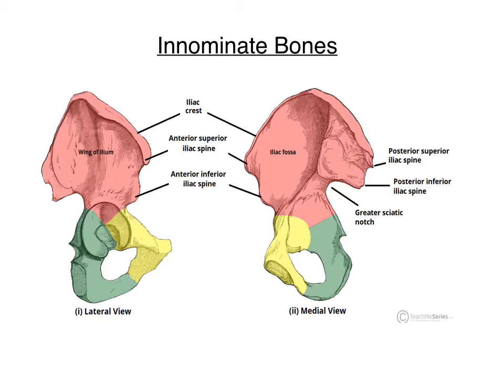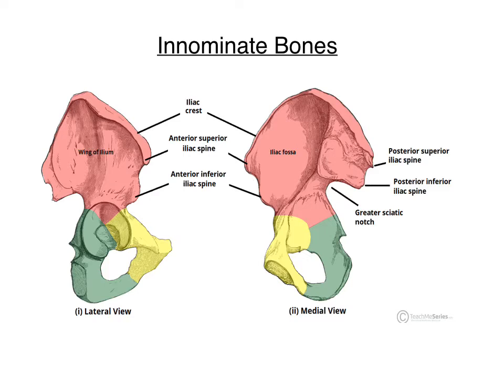You can feel the iliac crest when you place your hand on the hip. This is the upper border. At the front of the iliac crest, you can feel a bony prominence. That part is called the anterior superior iliac spine.